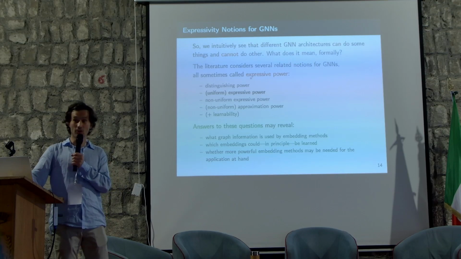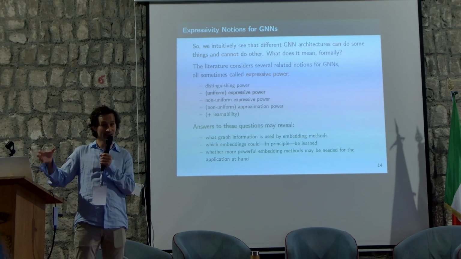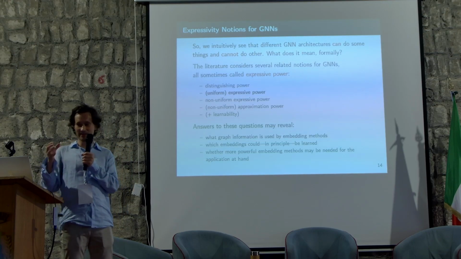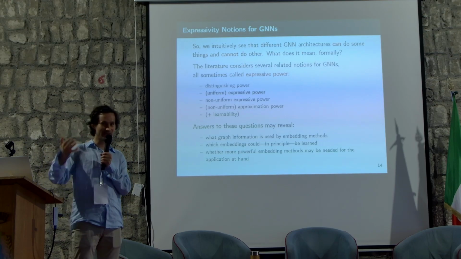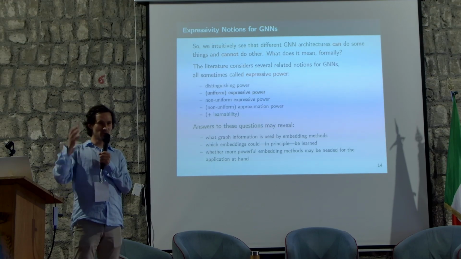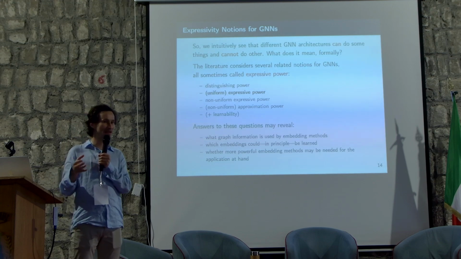But anyway, if we want to say GNNs can do something and cannot do something, what does it mean? Apparently, there are different notions of this expressibility of GNNs which pop up in the literature, and they are usually called expressivity, but they mean different things.